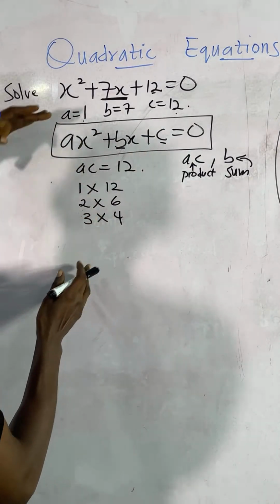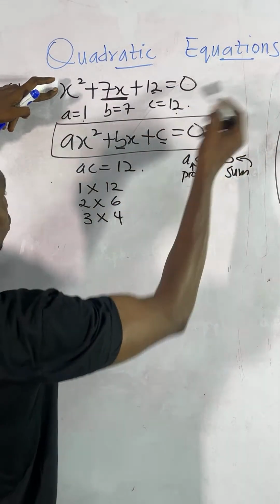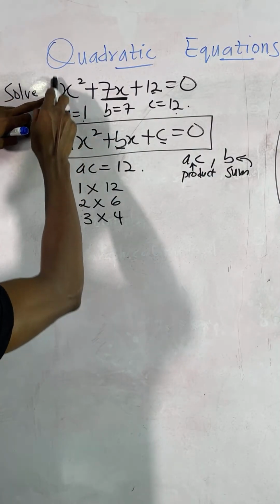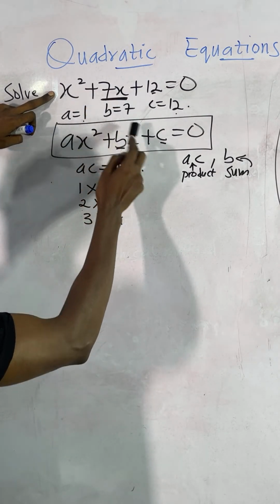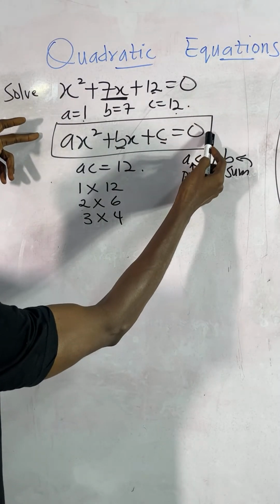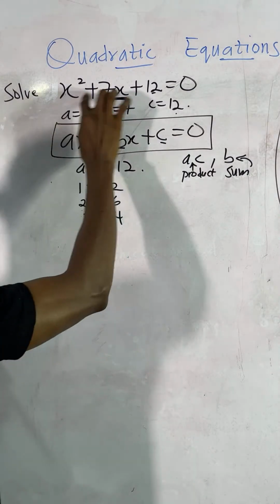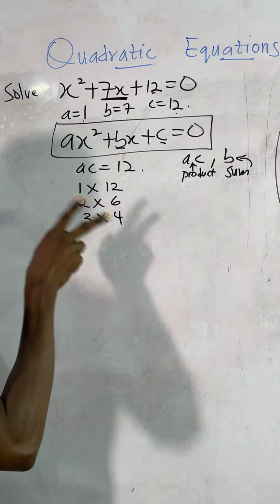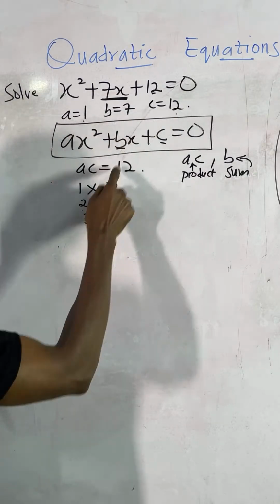Some people want me to recap, so let me come back. This is the equation we want to solve, just like the other one we solved. Our A is 1, the coefficient of x squared. B is the coefficient of x, it is 7, and C is 12. Comparing this question to the standard equation, we have A, B, and C. When we want to solve by factorization, we are looking for two numbers which when multiplied give us the product of A and C. A multiplied by C is 12.